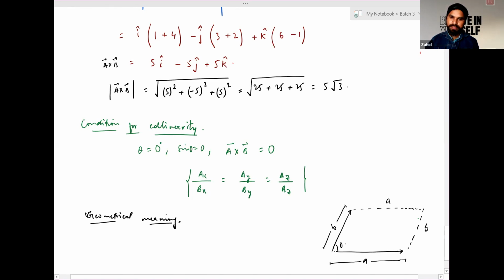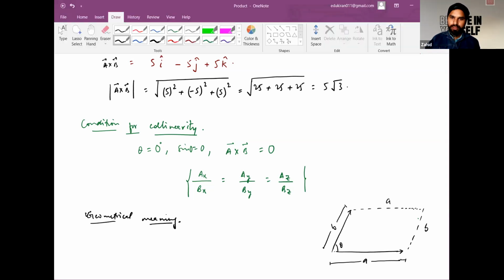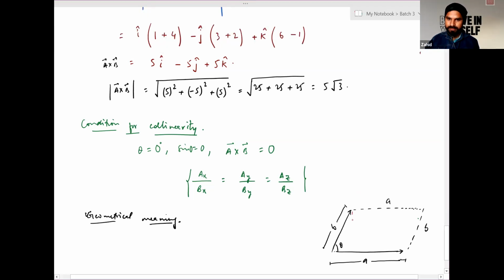Suppose there is some theta in between. If you draw a vertical line from this point to this, since this vertical line is opposite to this theta, it must be the perpendicular component. So according to resolution of vector, the perpendicular component will be the sine term.